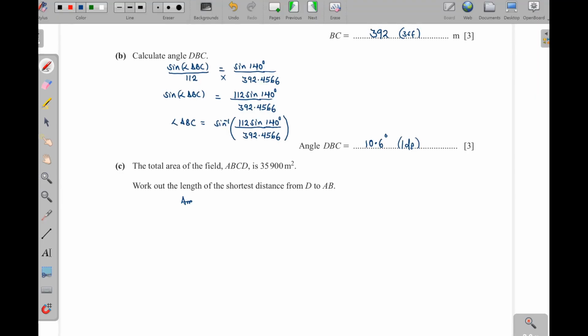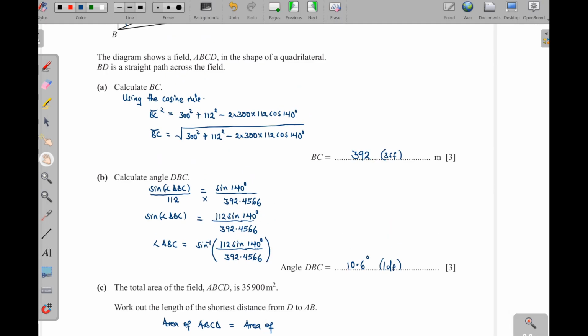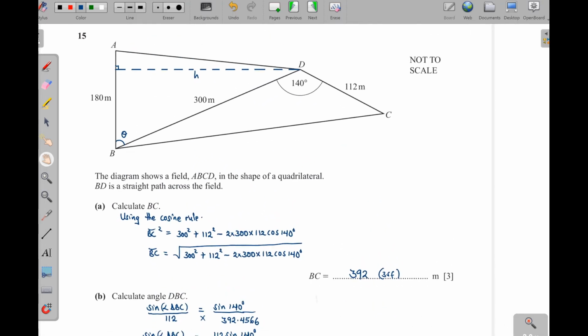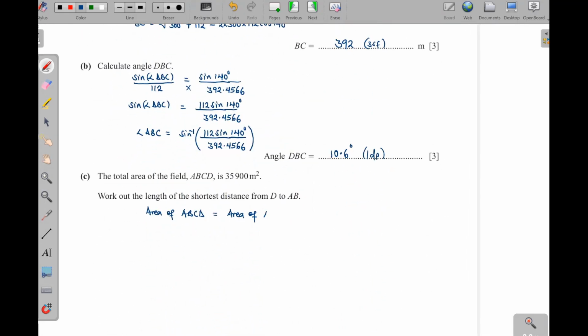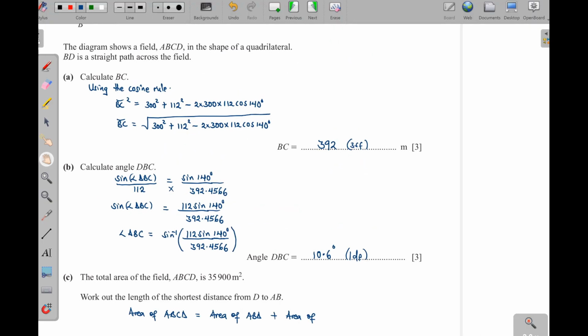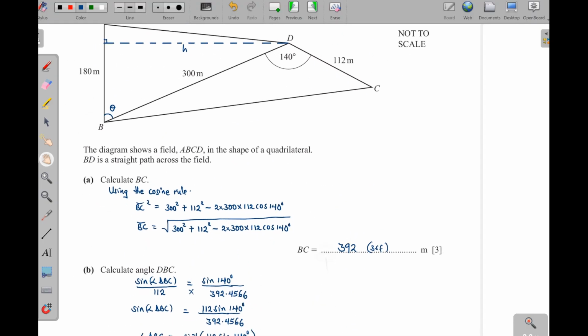They said the area of ABCD is going to be equal to the area of which triangles? We have ABD, plus the area of the other triangle, which one is it? It is CBD.